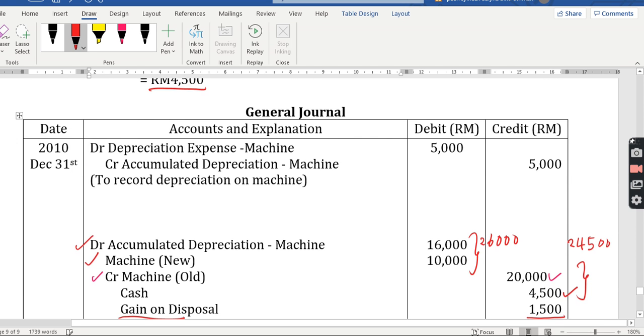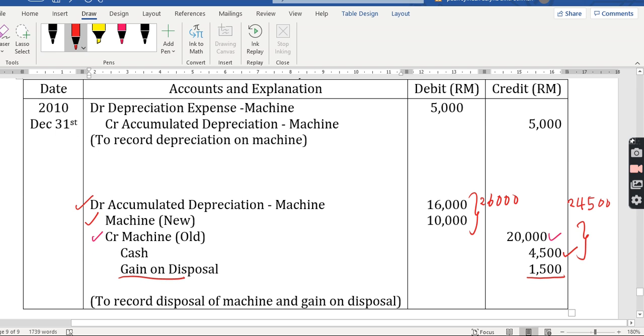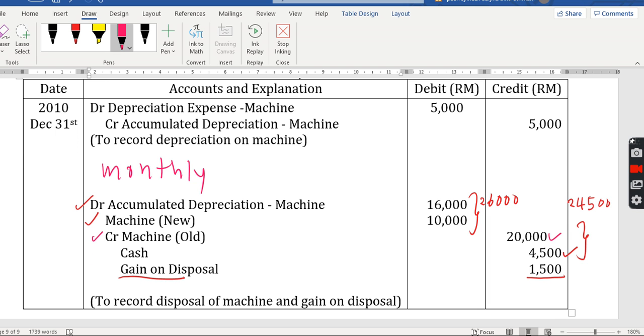Okay, so this is for monthly basis. You must remember this is for monthly basis. Apa beza kalau kita guna yearly basis? If you are using yearly basis, maknanya kalau I dispose the asset in 2020, that year there is no depreciation expense.